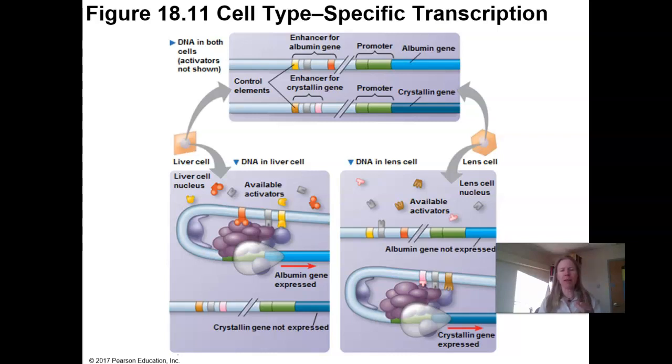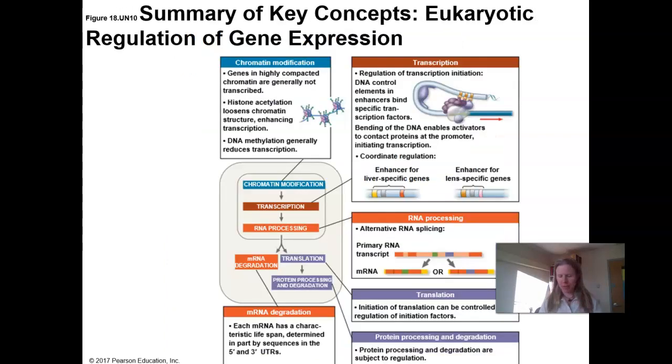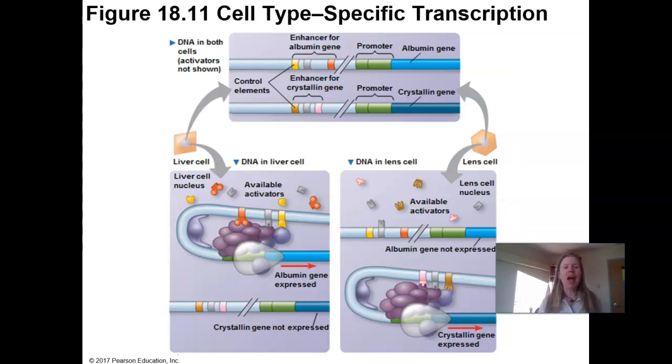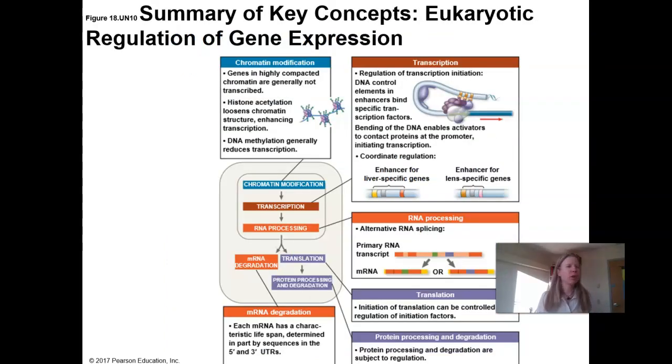And that is going to make it so this cell producing crystalline is only happening in the lens of your eye, and the liver cell is the one producing albumin. And so different sets of transcription factors in different cells helps us have those different roles. Okay. So again, here's your summary looking at what's going on with transcription.